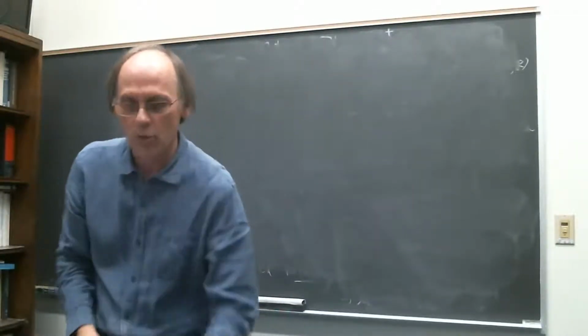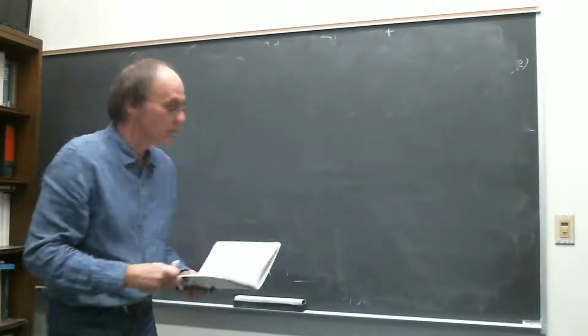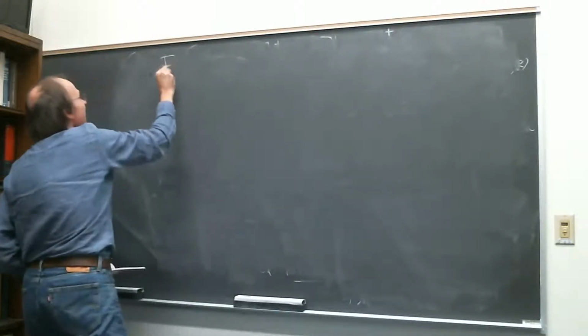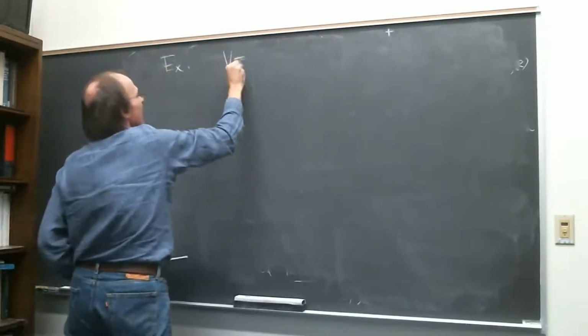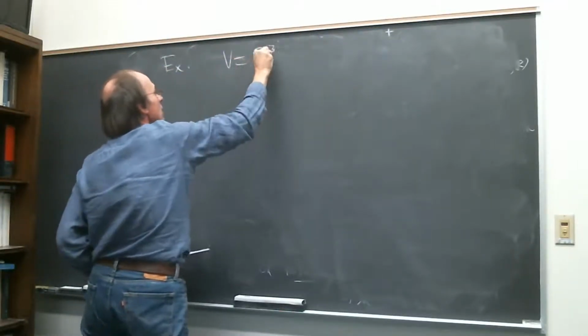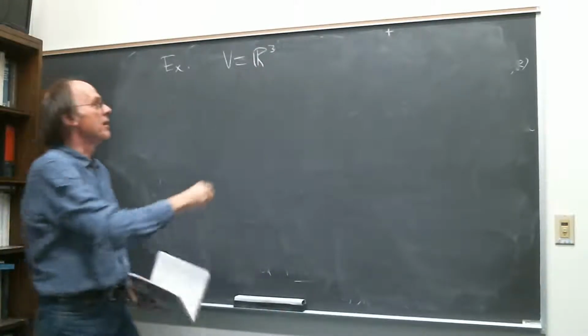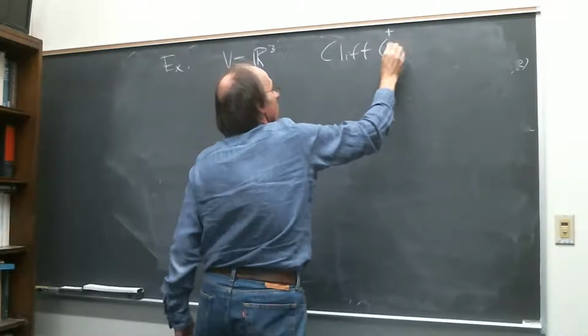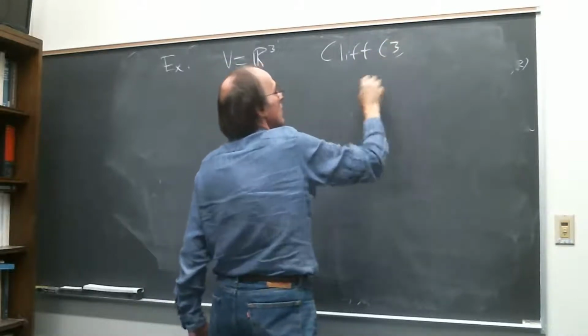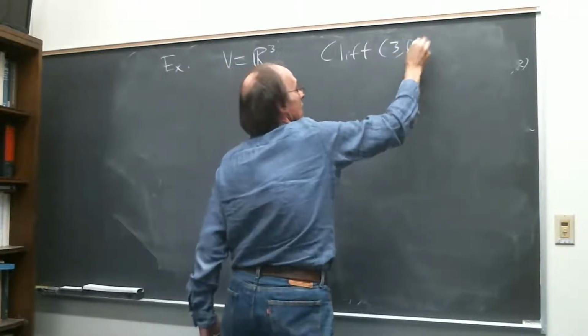So the example was V is R^3, and we're going to use the Clifford algebra with three positive signs, zero negative signs, over the reals.